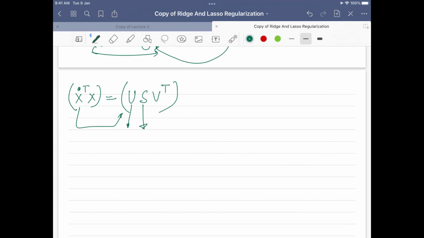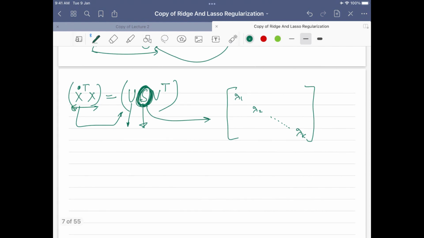Once you decompose this matrix into its eigenvalue decomposition, S is the matrix of eigenvalues. The structure of this matrix will be like this: lambda 1, lambda 2, up to lambda k.